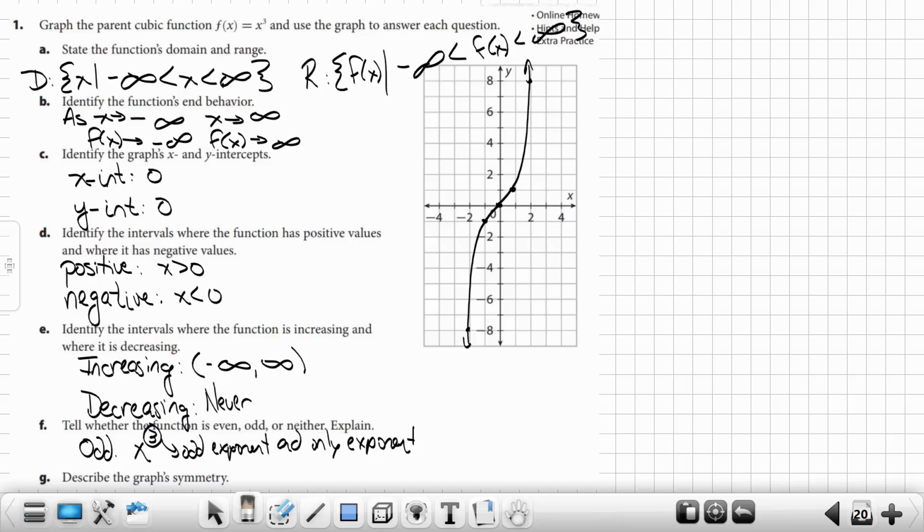X cubed, 3 is odd, and it's the only exponent. When you only have odd exponents on a polynomial, the function is odd. But there's one other thing. It has a certain type of symmetry to it that we learned months ago. Do you remember what it is? Origin symmetry. It has origin symmetry.